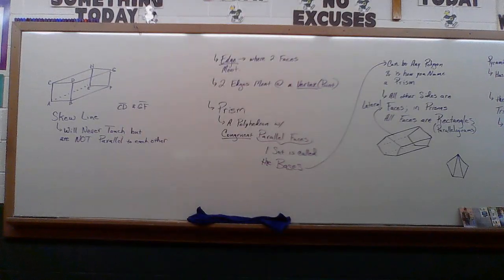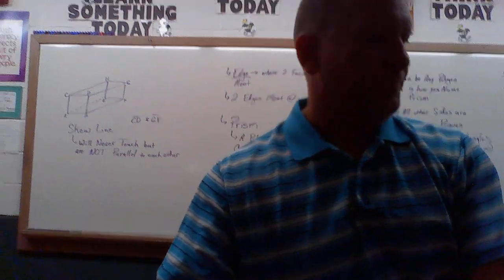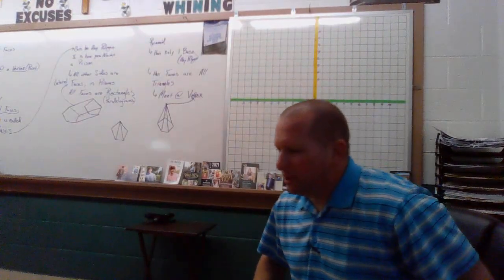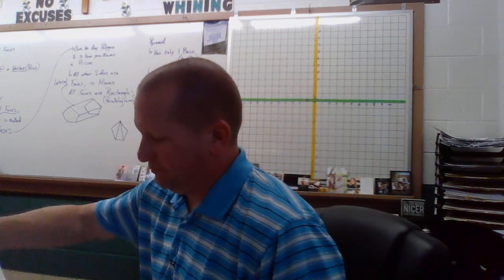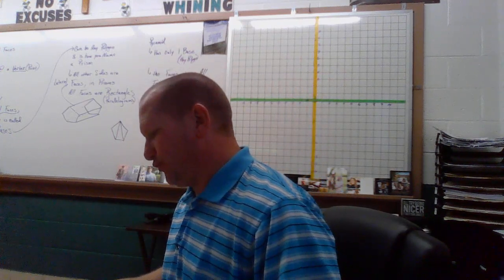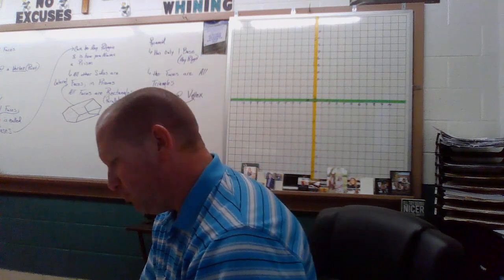Okay? So turn your book to page 559. So we'll stop making you draw all these things and look at the book. On page 559, we want to look at number 3. In number three, what would I call that solid?